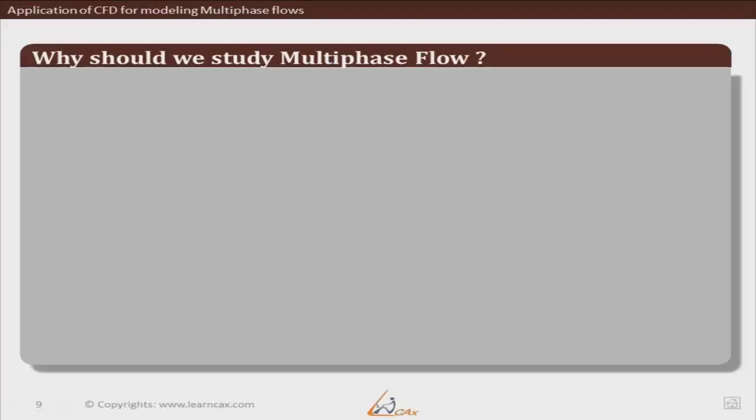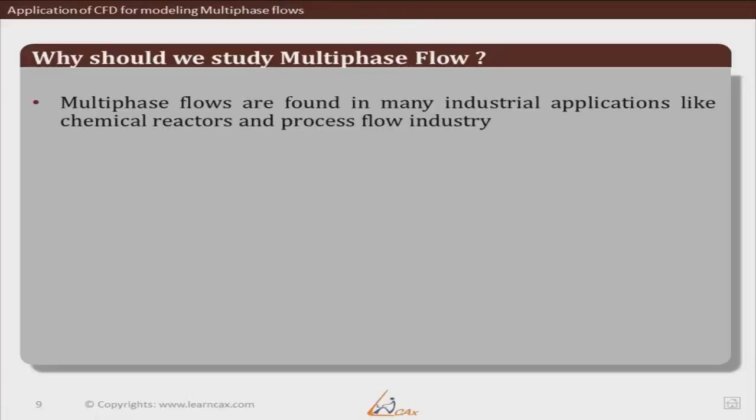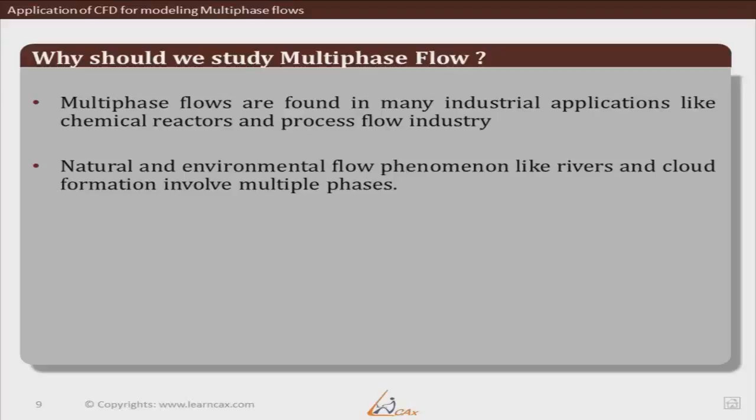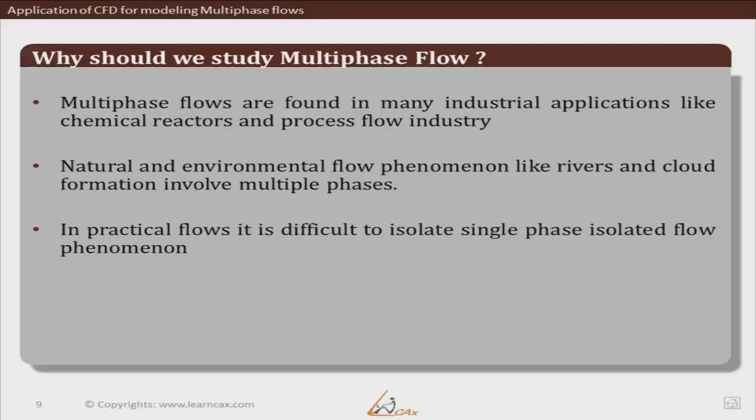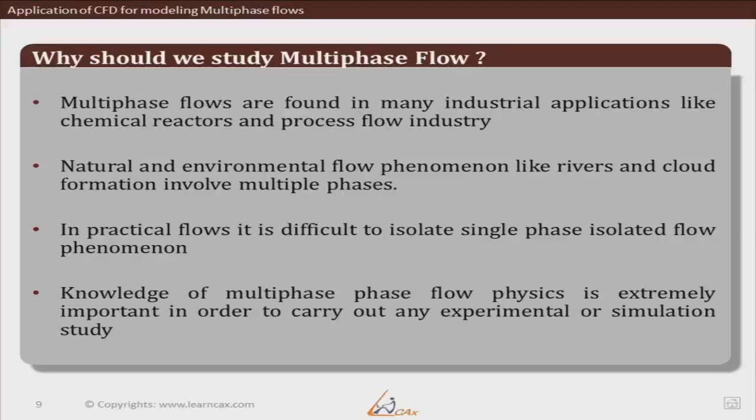Why should we at all be interested in such types of flows where multiple phases are involved? Multiphase flows are found in many industrial applications like chemical reactors, process flow industry, and many other applications wherever there are multiple phases present. Also, naturally occurring phenomena like rain and cloud formation involve multiple phases. And in practice, most applications will involve more than one phase, and therefore, in order to model them, it is difficult to isolate single phase flow from the multiple phase flow involved.